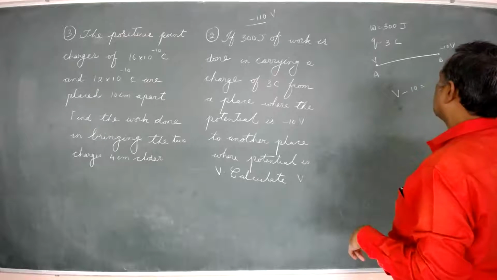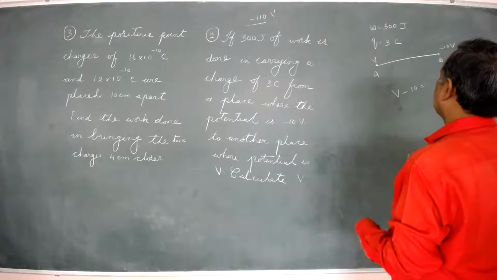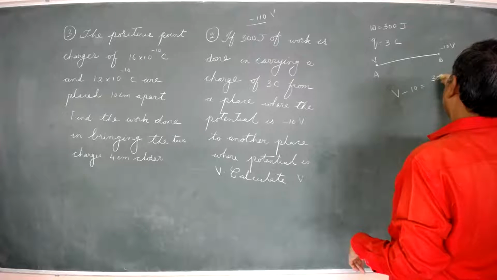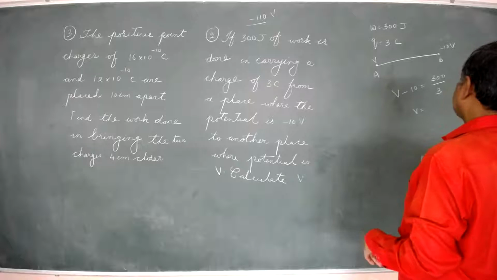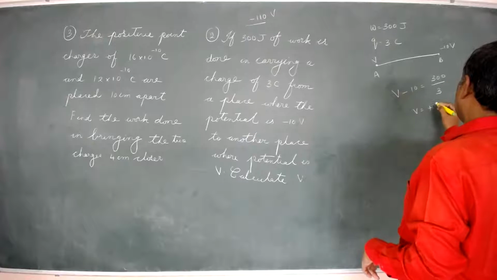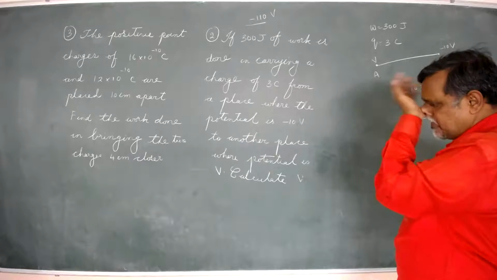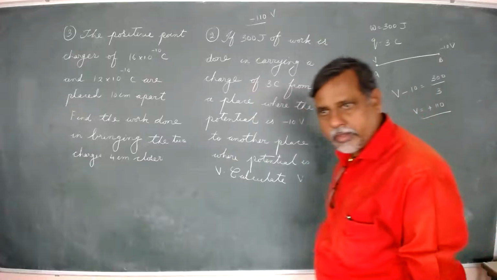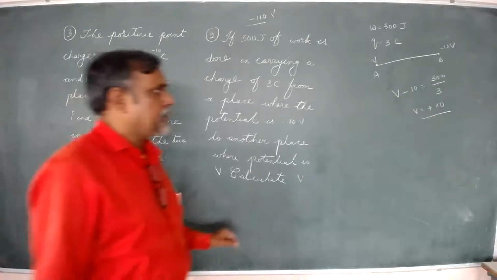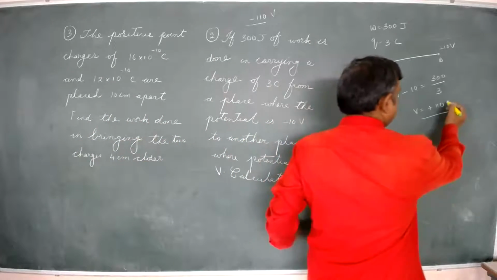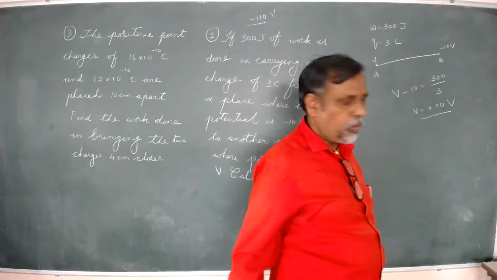V minus (minus 10) is equal to W by q, 300 by 3. So V is equal to plus 110 volt, plus 110 volt.